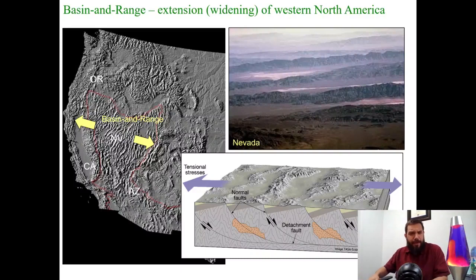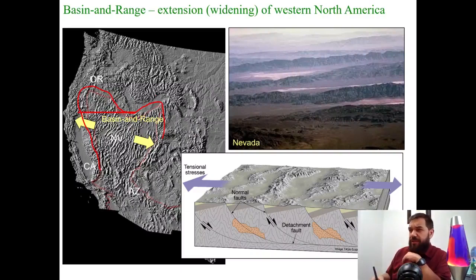I want you to take a look at this map of America. It's a topographic map. That means it's showing the mountains and the valleys. And you'll notice that there's a big part of California, Arizona, Oregon, goes all the way into Utah. Actually, some of it even extends all the way into Wyoming. But it's a big section of the Southwest that has this kind of strange look to it.